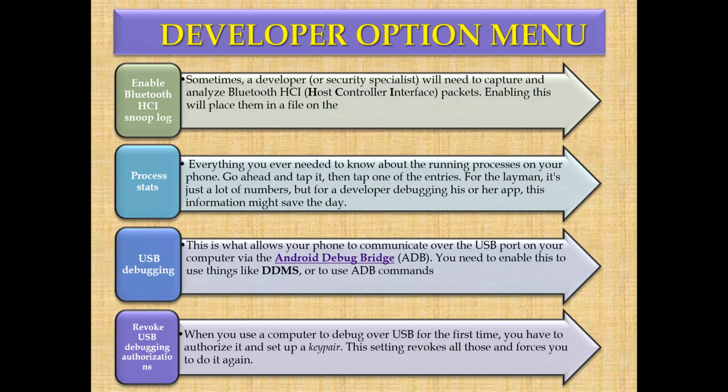Now, one of the biggest things to connect your device to the computer, guys: developer options should be on, and USB debugging should be checked. In order to use Android Debug Bridge, which connects us to Android Studio, an integrated development environment for Android devices, USB debugging should be enabled at all times.